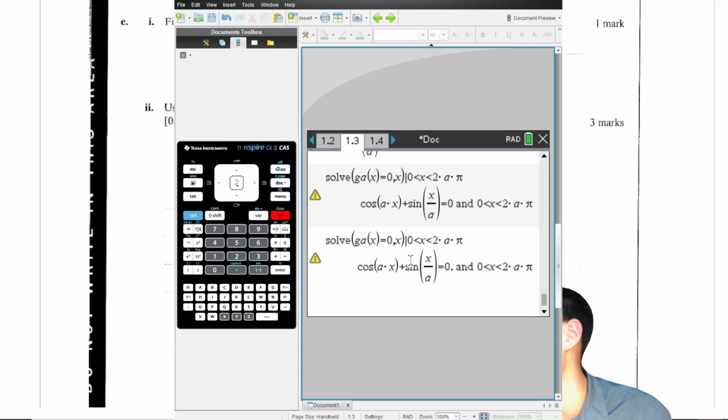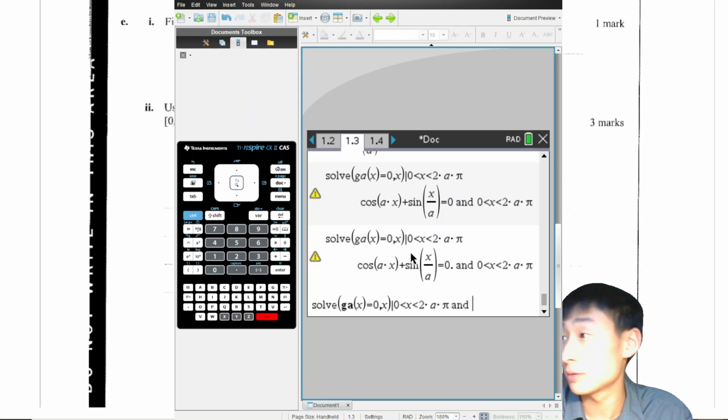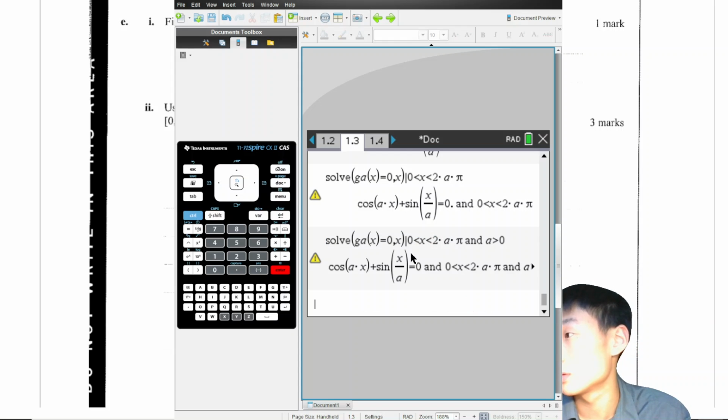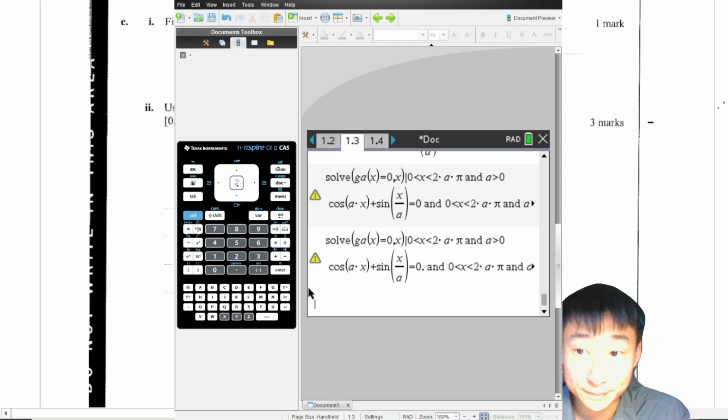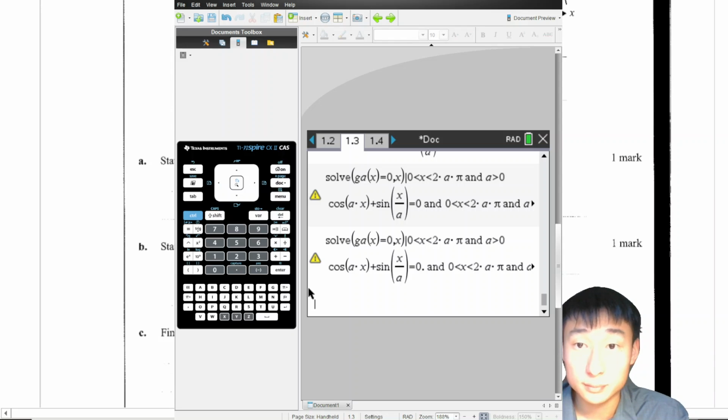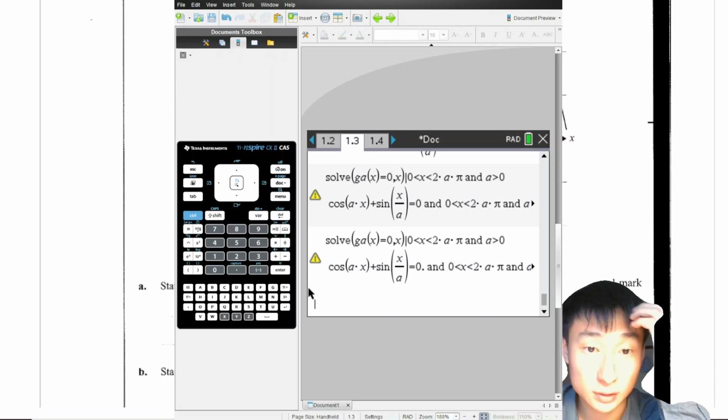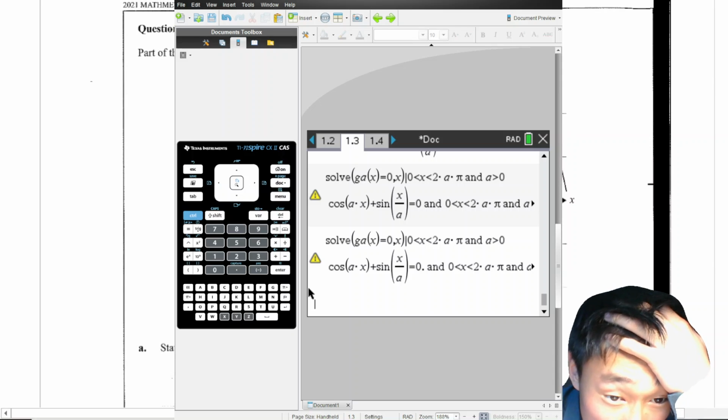What's wrong with this equation? 0 to 2a pi. Okay. How do I solve for these points?